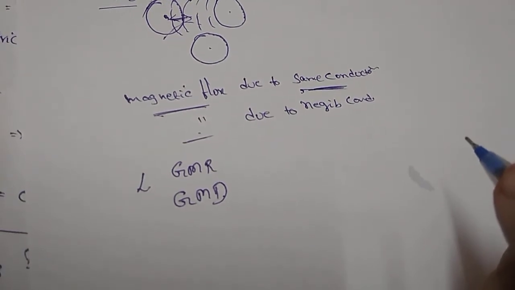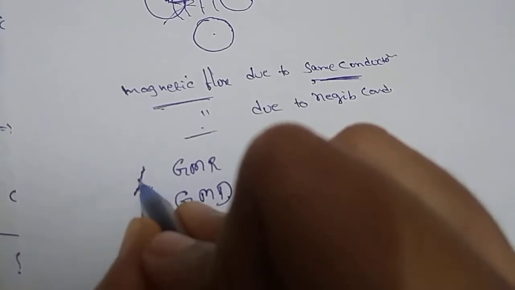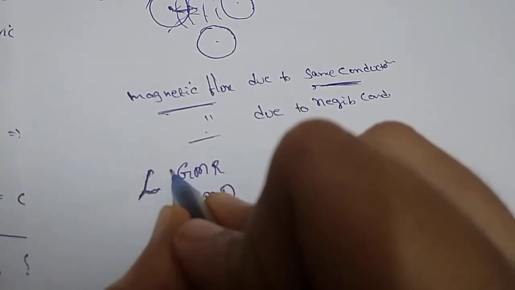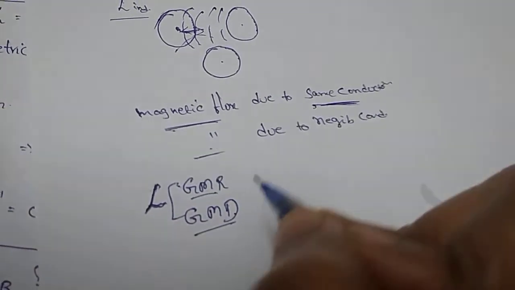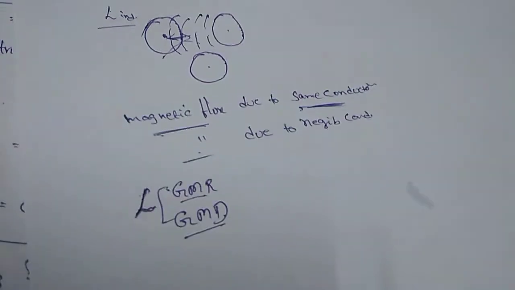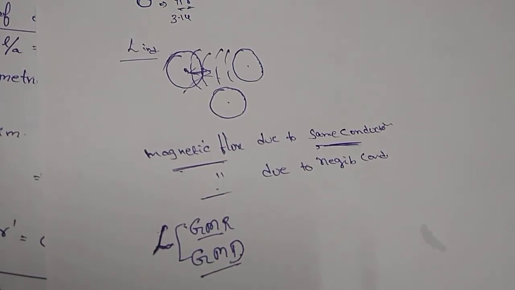So please understand, in the calculation of inductance, you have 2 points: first one is the GMR and second is the GMD. Please remember, this is the flux due to the influence of the other conductors we are assuming.